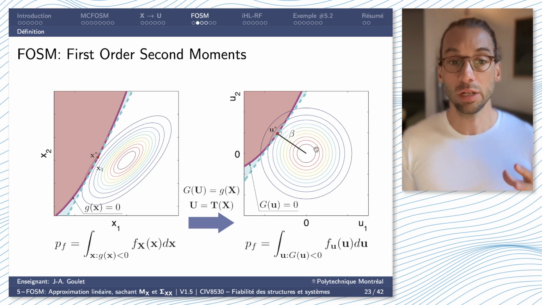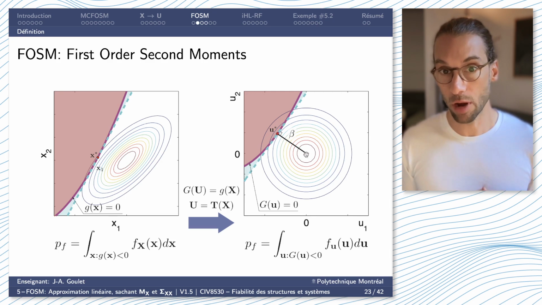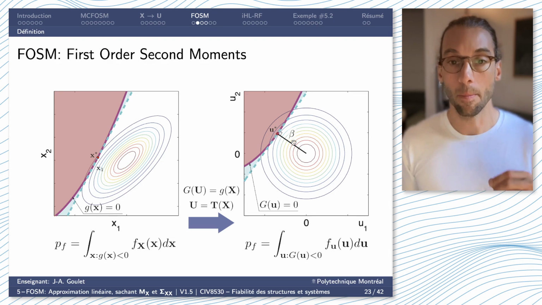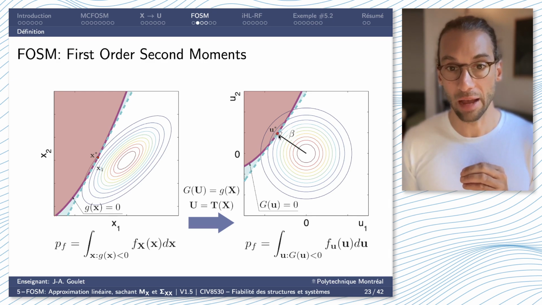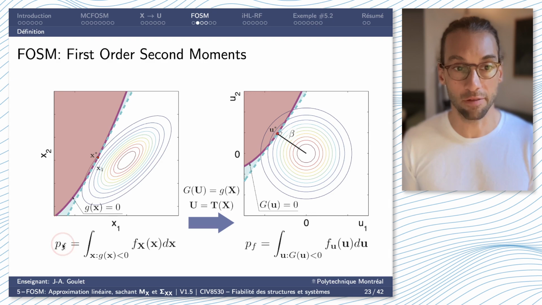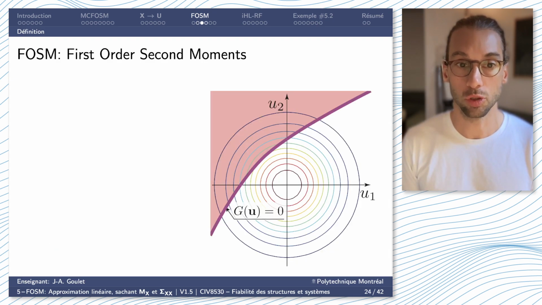I'm not going to do it at the expected value anymore, but at what we're going to call U star, my design point. Once I have this, I'm able to compute my beta, and then compute the probability content in the area defined by this plane. This probability of failure will correspond to the PF I'm looking for in the original space.